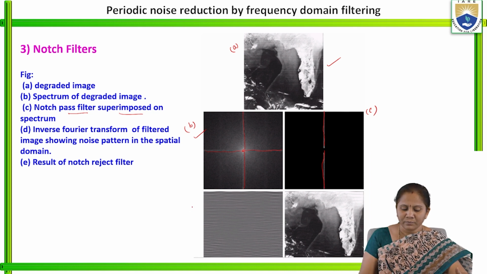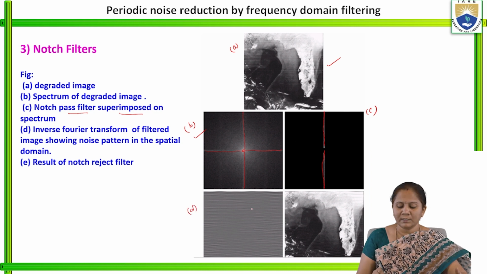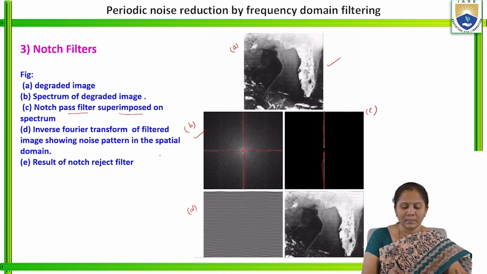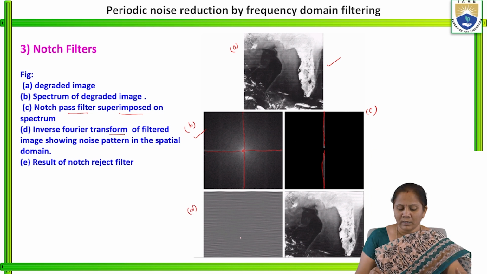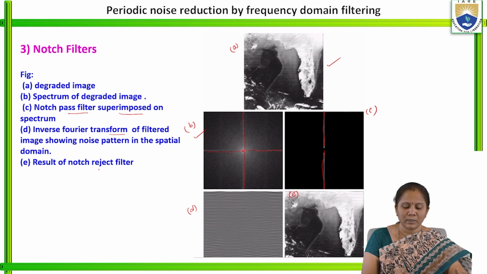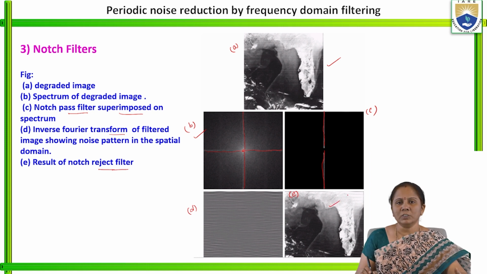Here this is the noise pattern we can observe after applying the inverse Fourier transform. Next, the last one is the restored image, that means after applying the notch reject filter, this is the output image which is restored.